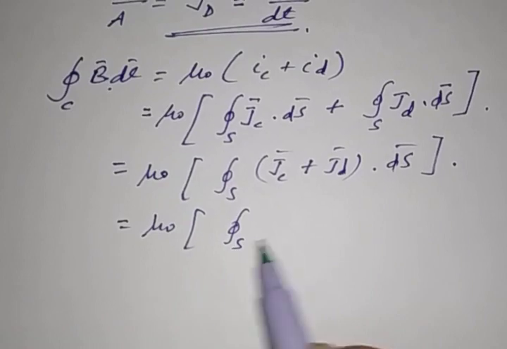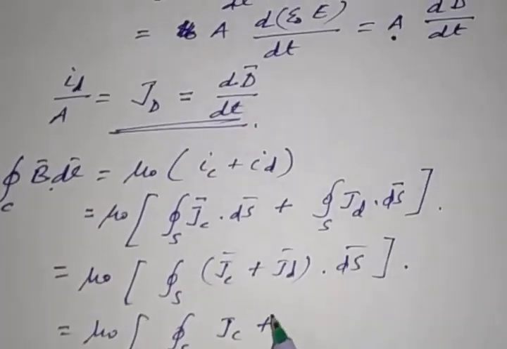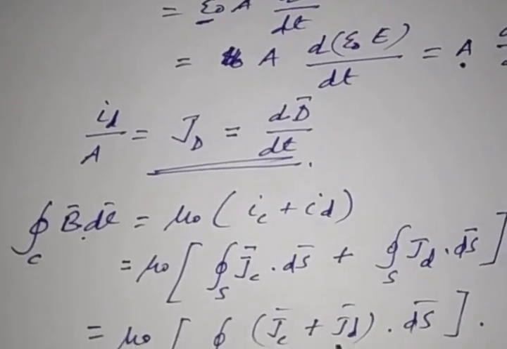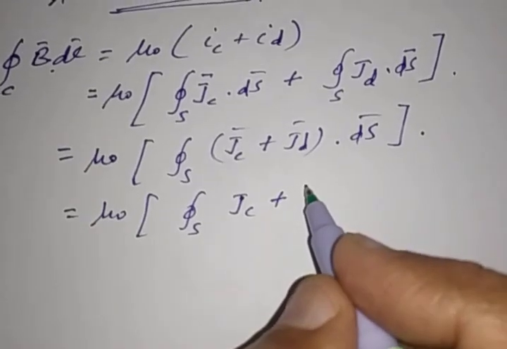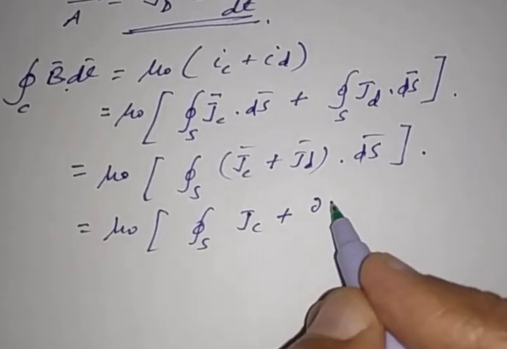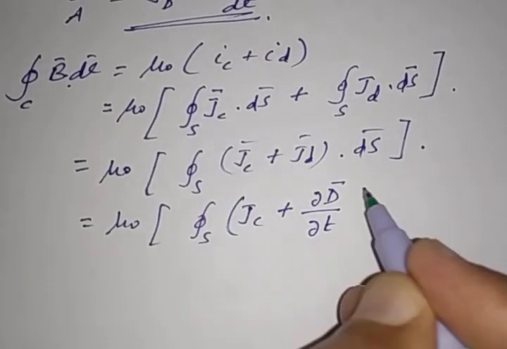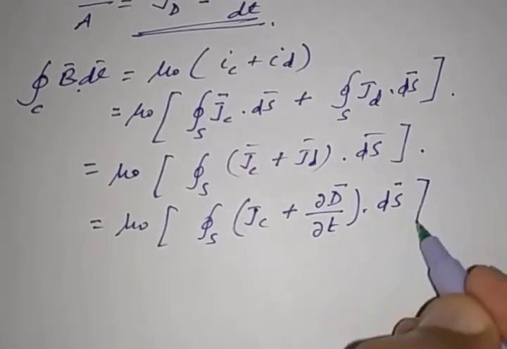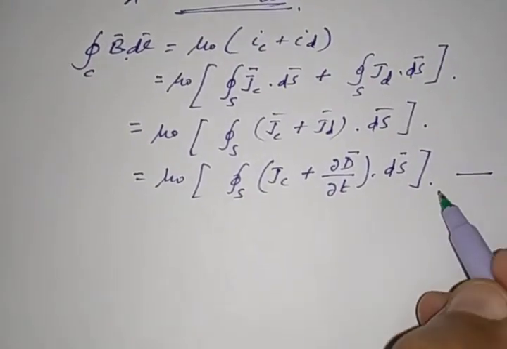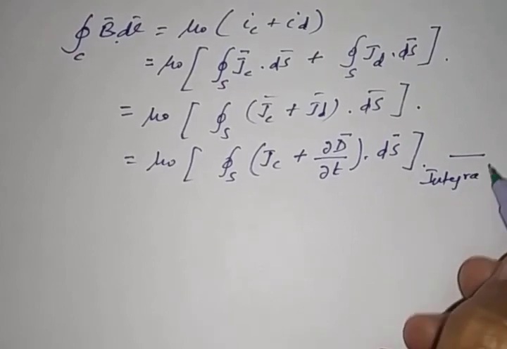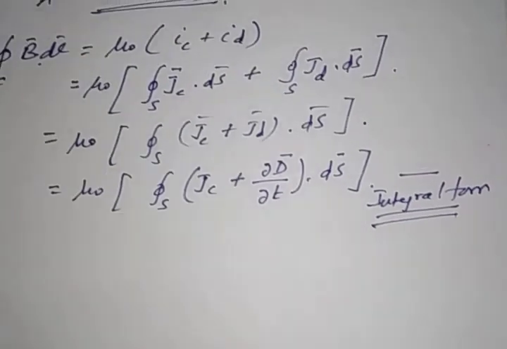First we will write it completely, and the JD value will be replaced from this equation, this part. Okay, so this will be the complete integral form of Maxwell's fourth equation.